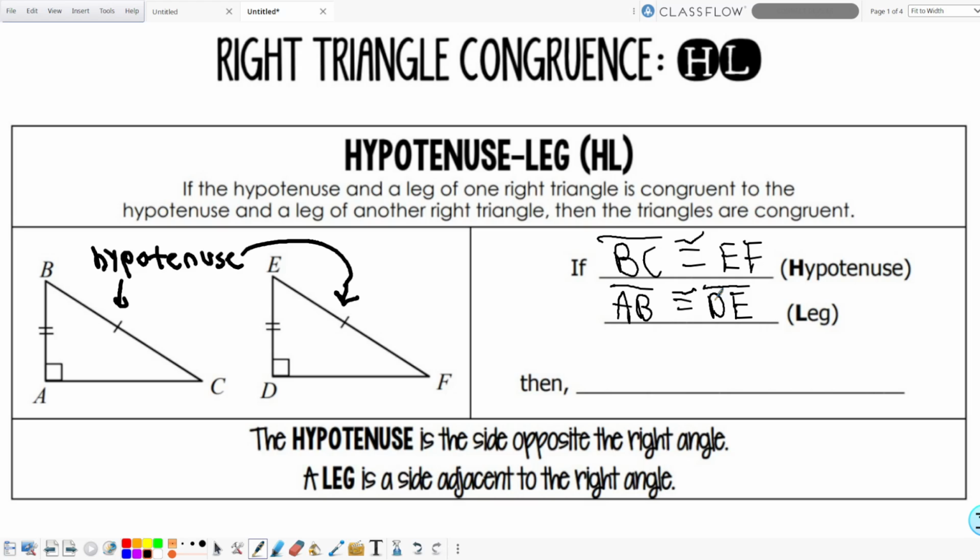So by showing that the hypotenuses are the same length and a pair of legs are the same length, you can then demonstrate, okay, triangle ABC must be congruent to triangle DEF.